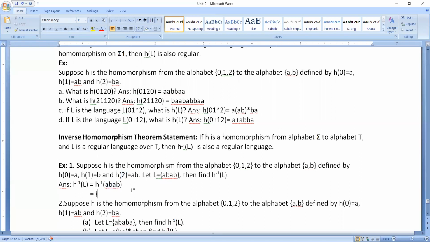That is what we have to do. For example, let us observe that I have a string called abab. Now what I need to check is whether it is possible for me to construct this string abab using 0, 1, 2 or not.